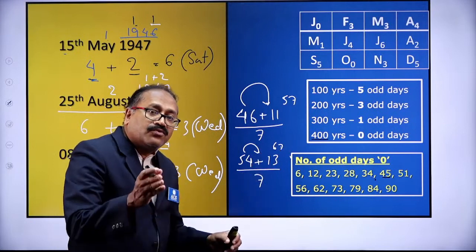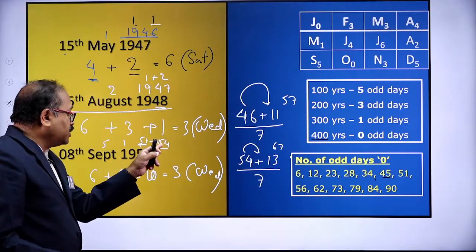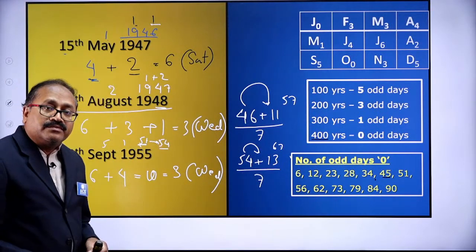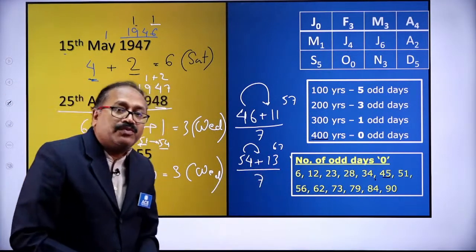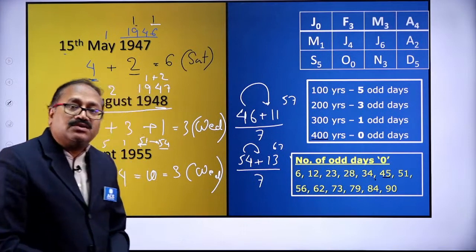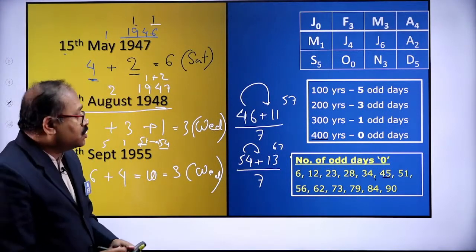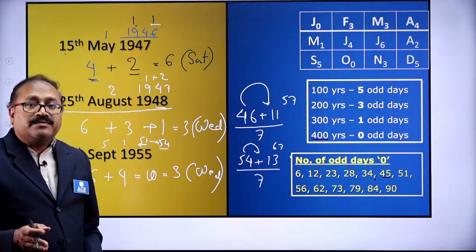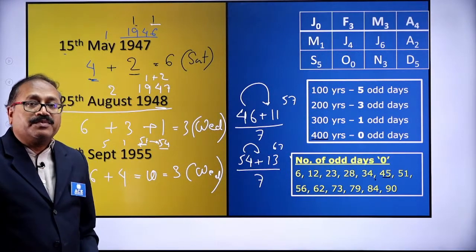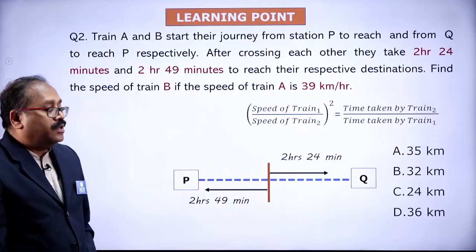You are left with 4 odd days. Did you get that here, 4 odd days? Yes. So it is better if you can remember this, and if for some reason you don't remember, then there is always a method to find out the odd days here. So this is done. Then we will go back to our previous questions here.